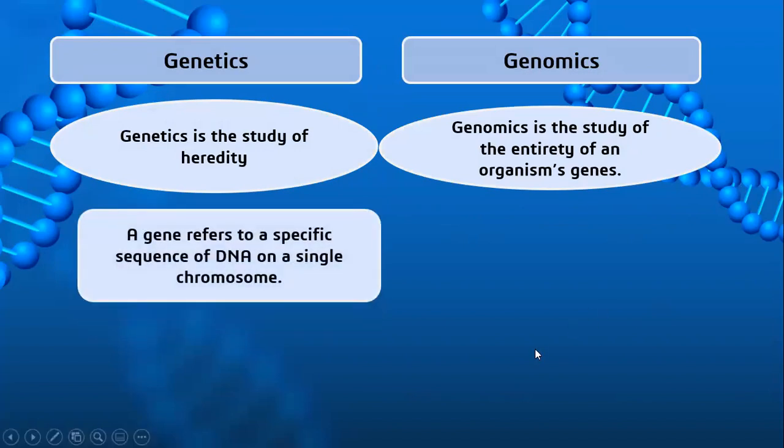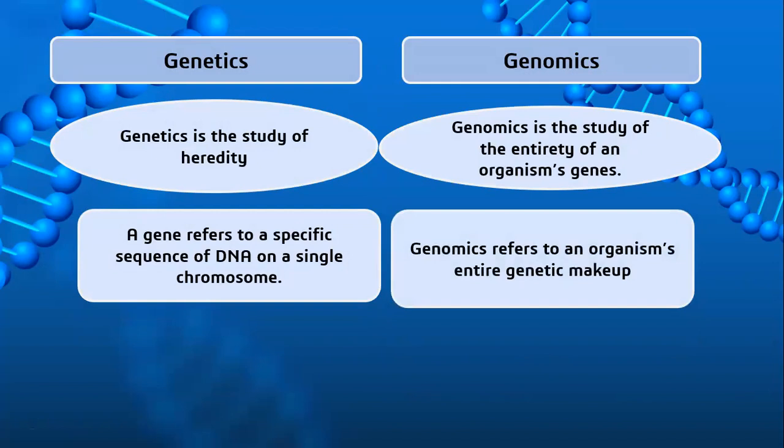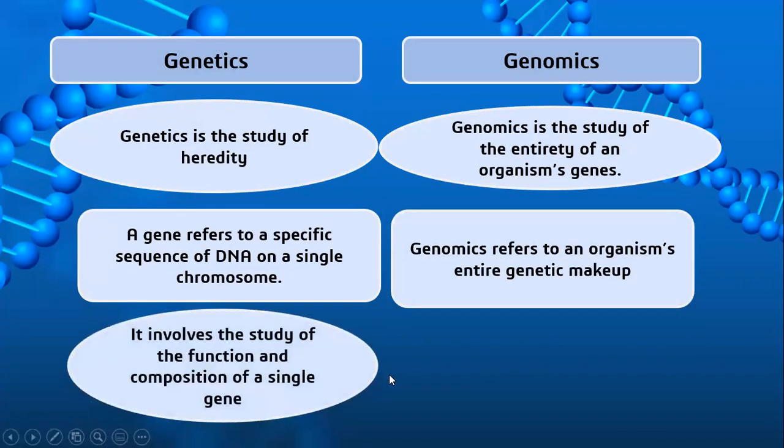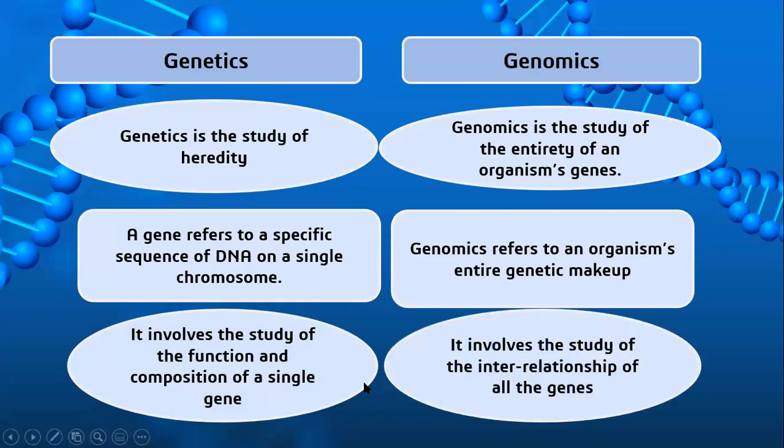In genetics, a gene is a specific sequence of DNA on a single chromosome, whereas genomics refers to an organism's entire genetic makeup. Genetics involves the study of the function and composition of a single gene, whereas genomics deals with the study of all genes and their interrelationships.